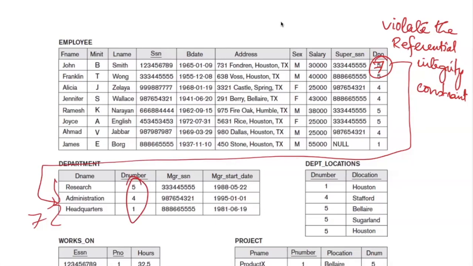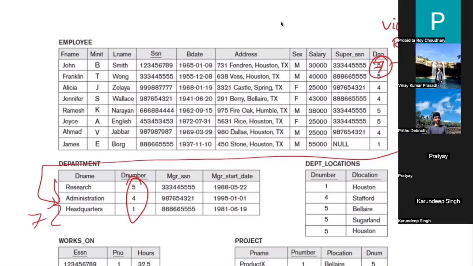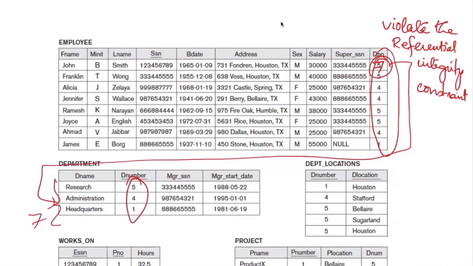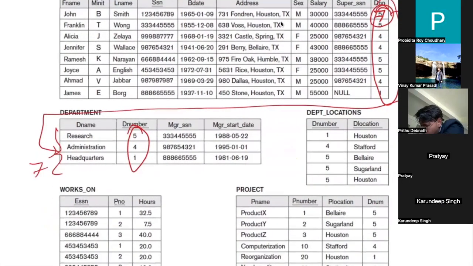These three. So any values that appear here will be only 5, 4, and 1. It cannot be anything else. Okay. So that is your referential integrity constraint. You can see some more examples out here.